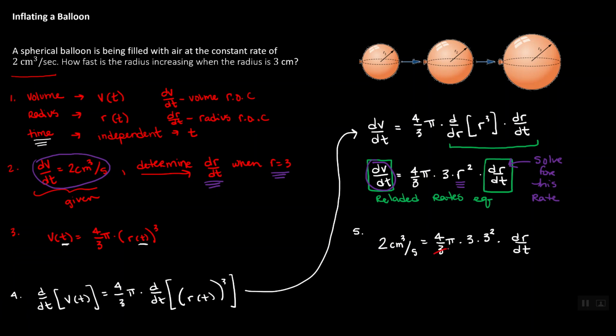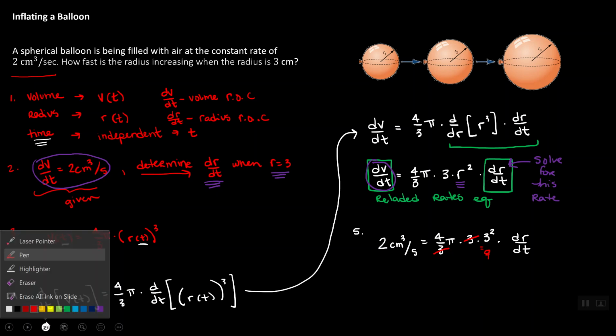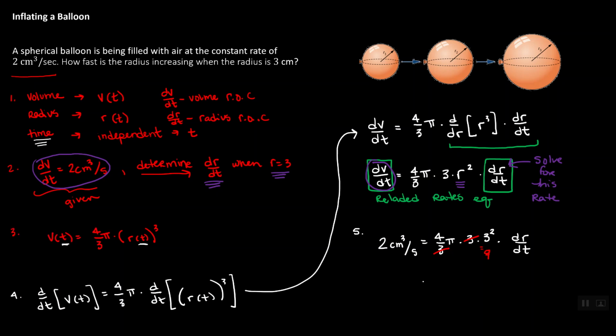So let's reduce this factor of 3 with this one. And then 3 squared, that's going to become 9. So we'll have 4 times 9 on the right-hand side of our equation, which is 36 times pi times dr/dt. That's our right-hand side, simplified. And on the left, we just have the 2 centimeters cubed per second.